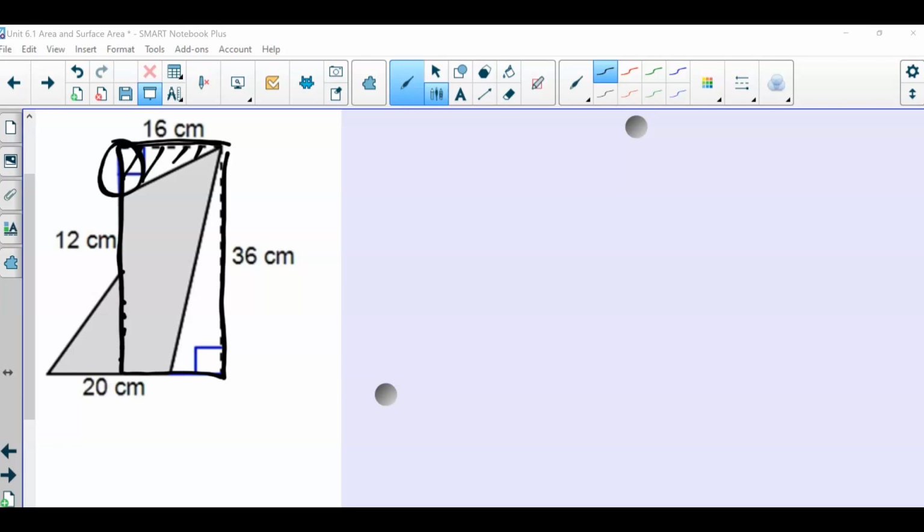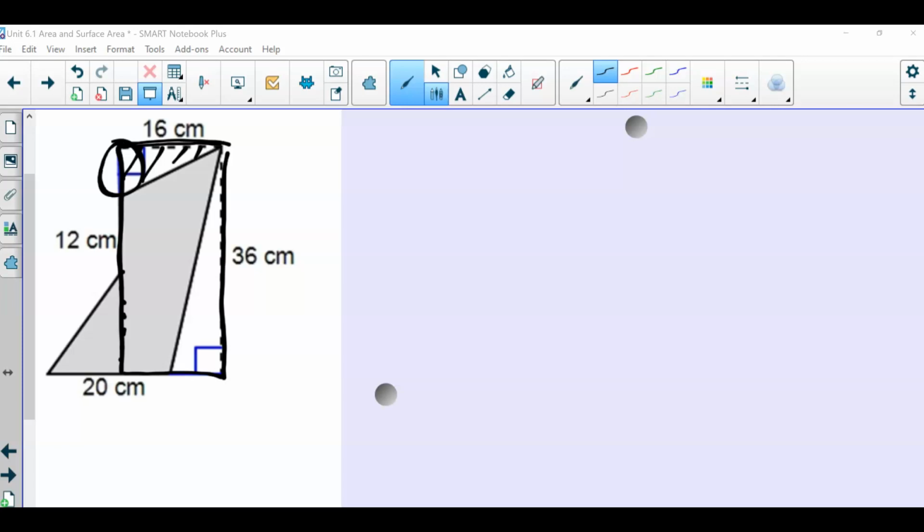Let's see here. 16 centimeters. Okay. Oh, that's why. It's because I've colored over it. It is smaller. That's 12. Okay, let me uncolor it here.